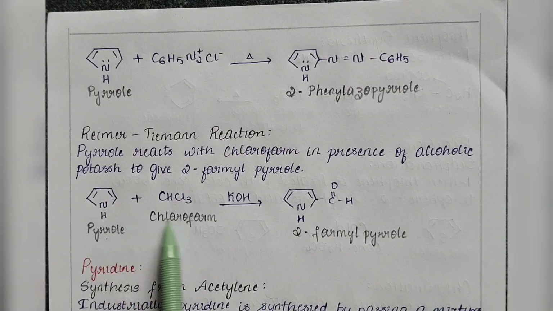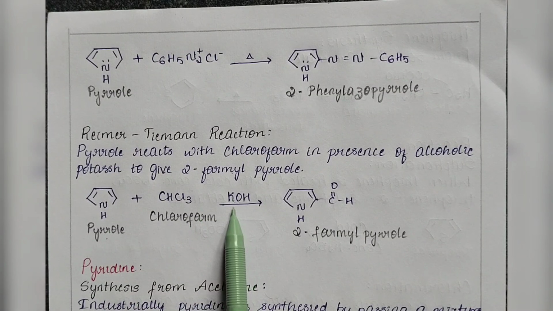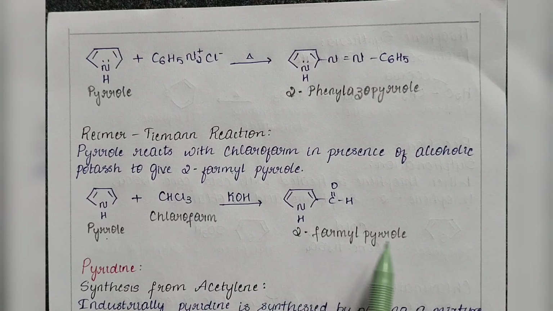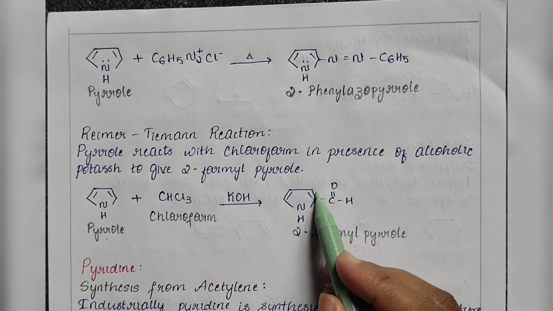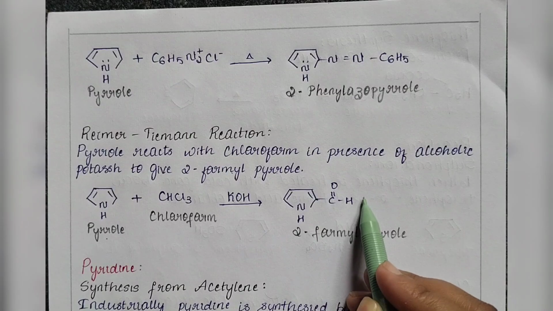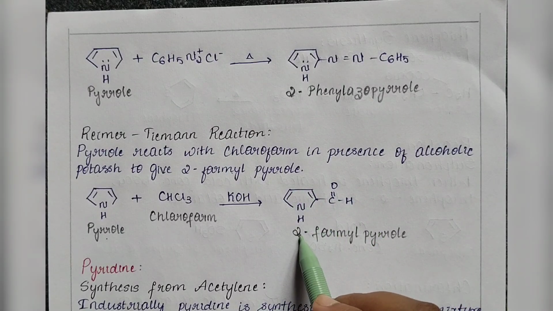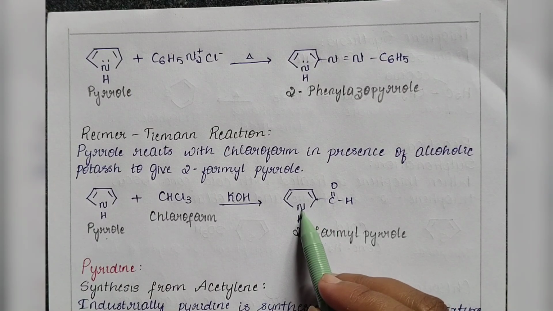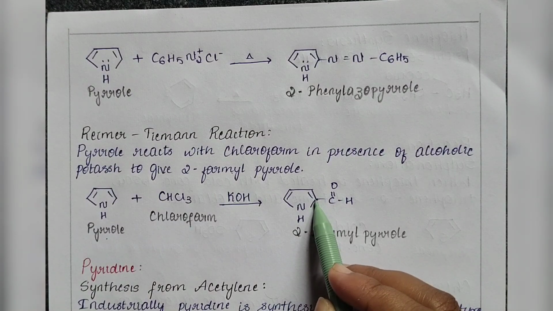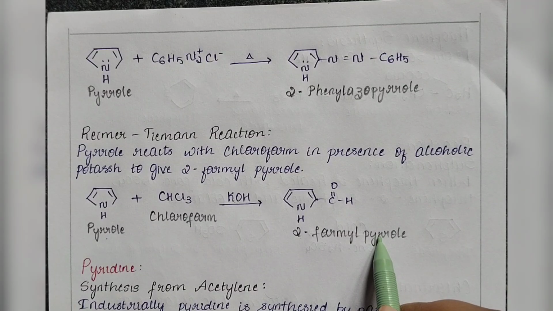When pyrrole reacts with chloroform in presence of alcoholic potash, that is KOH, we'll get 2-formylpyrrole. The group which is present here is called the formyl group, and since this is a pyrrole ring, the formyl group is at the second position with respect to the nitrogen. This is 1, 2. So 2-formylpyrrole is the product we have obtained.